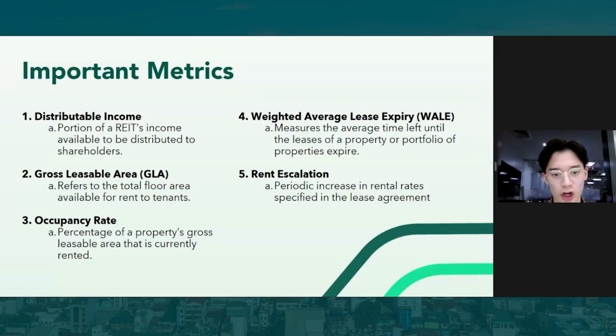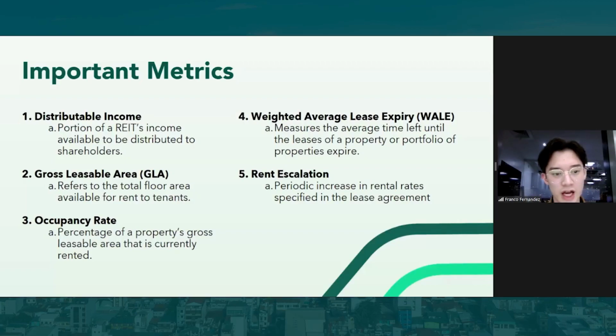The third one is the occupancy rate. It's the percentage of a property's GLA that is currently rented out. The fourth one is the weighted average lease expiry, which measures the average time left before the leases of a property expire. Finally, there's also rent escalation. It's simply the periodic increase in rent.